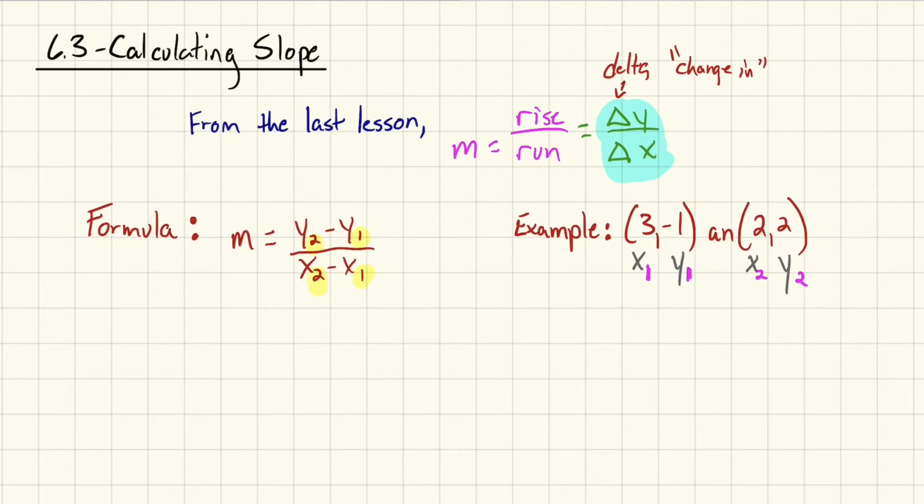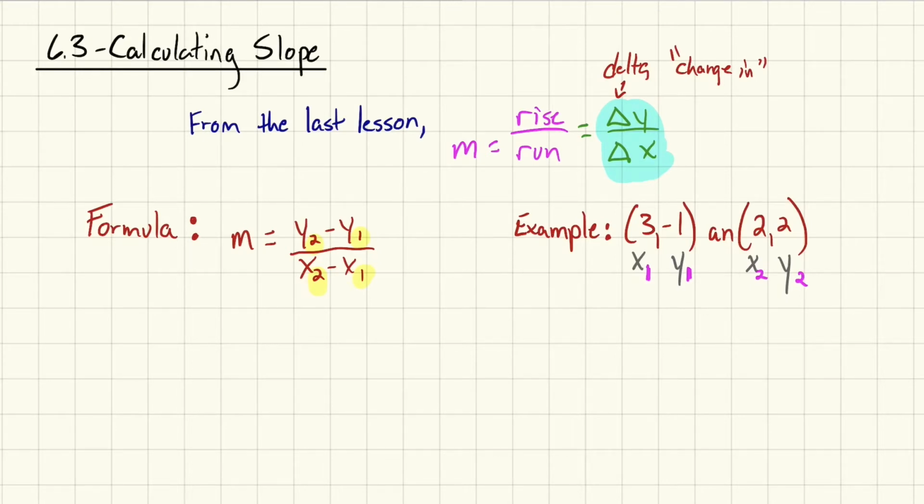And now we have clear organization between the 2 points so we know which number is exactly which variable. So the whole point of those subscripts is just organization. It's just trying to keep things separated and organized so we know what numbers go with which point and where to put our values. So let's take a look at actually how to use our slope formula in practice.